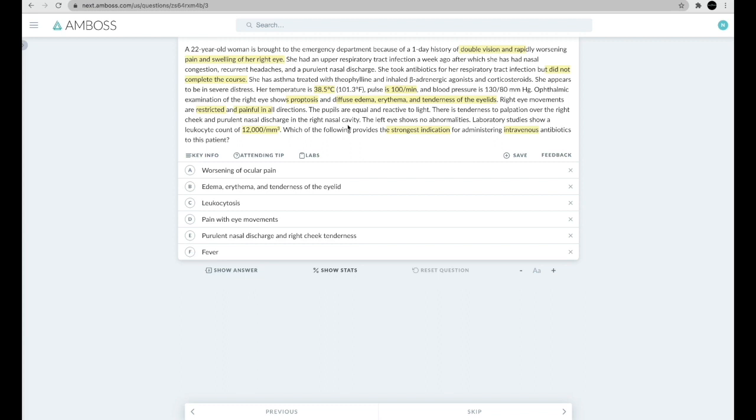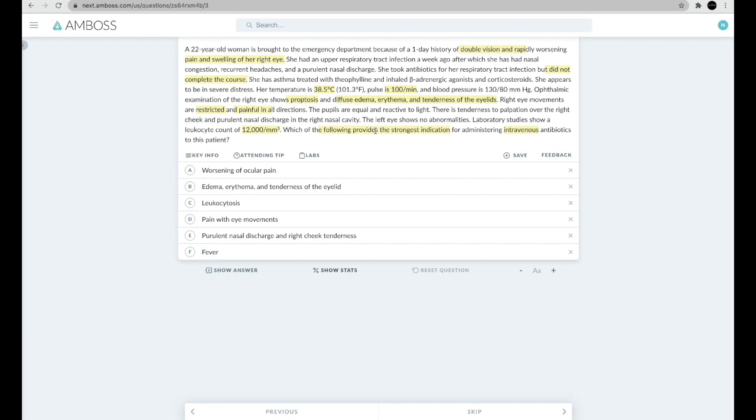Now, why does that even matter? This matters because if it were preseptal cellulitis, we will give oral antibiotics. But because it's orbital cellulitis, we have to give intravenous antibiotics. So the question essentially wants to word it like that. What is one sign that shows me it's orbital cellulitis? What is one sign here that is specific to orbital cellulitis?